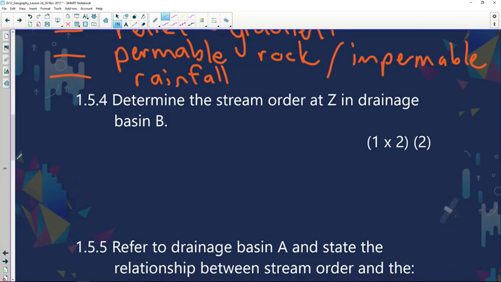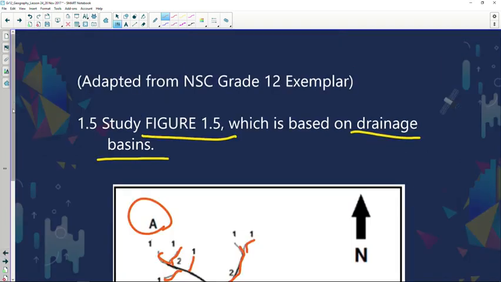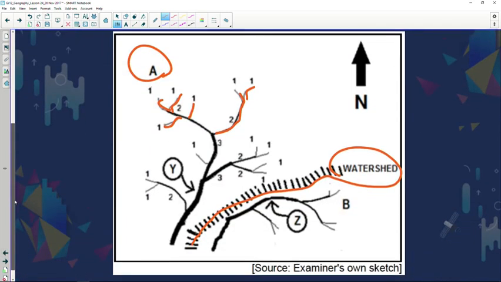Determine the stream order at Z in drainage basin B. Now if we quickly have a look at drainage basin B, we need to determine the stream order. And I've seen they've done the stream order over there, so definitely there's a first stream order. But let's just quickly do this together. There's a 1 and there's another 1.